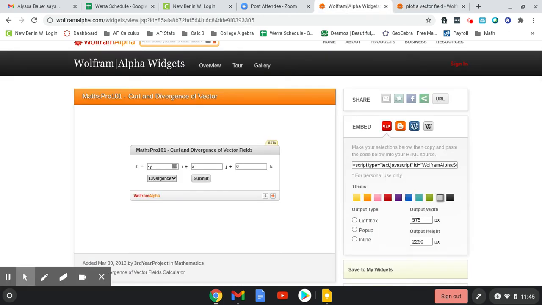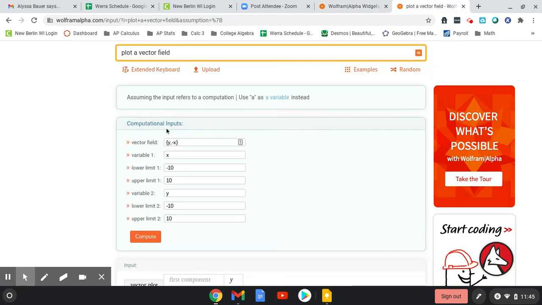So I'm going to draw in, first of all, a vector field where the i component is 1 and the j component is 2.